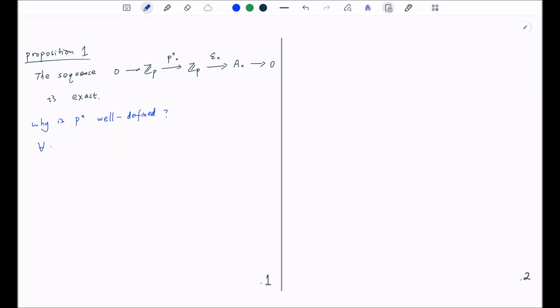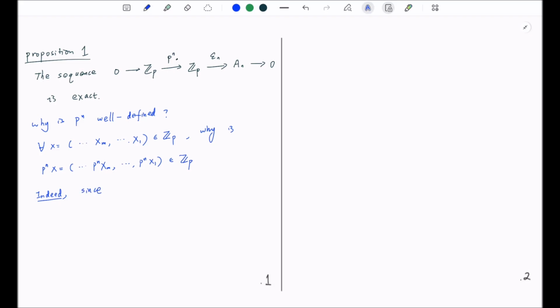For any compatible sequence x in Z_p, y is p^n x, again in Z_p. This is very easy to see, but still, to be rigorous, we need to check this.